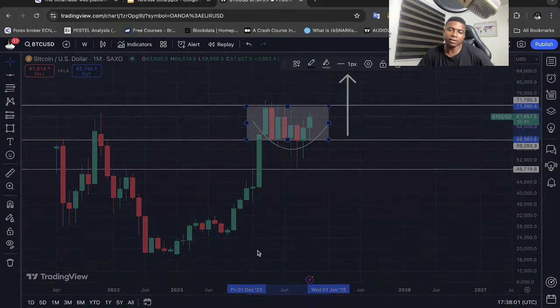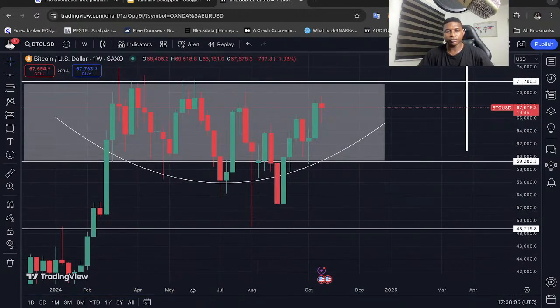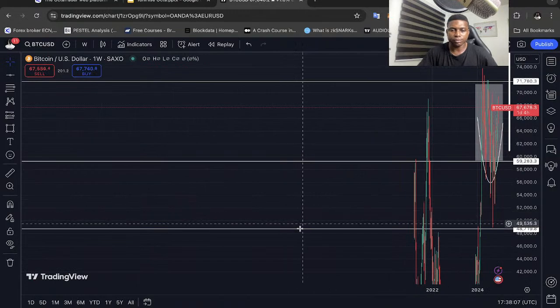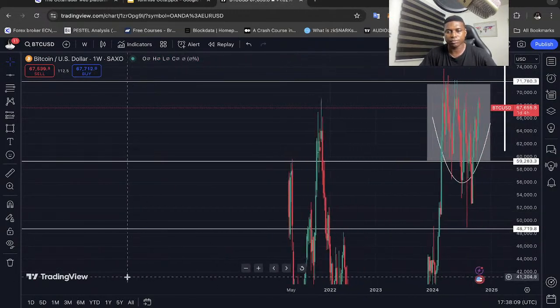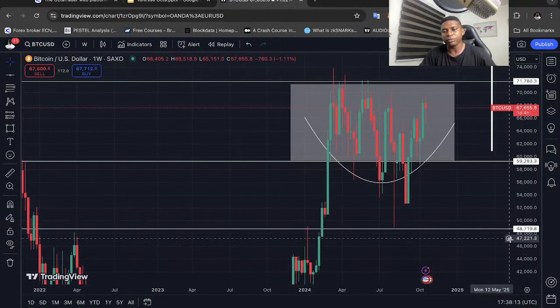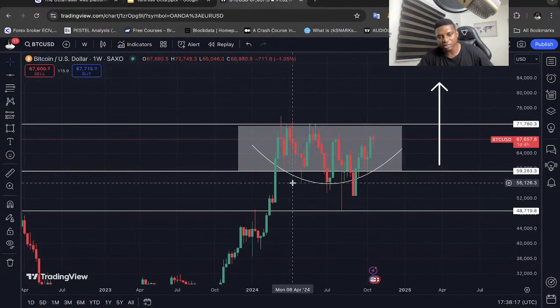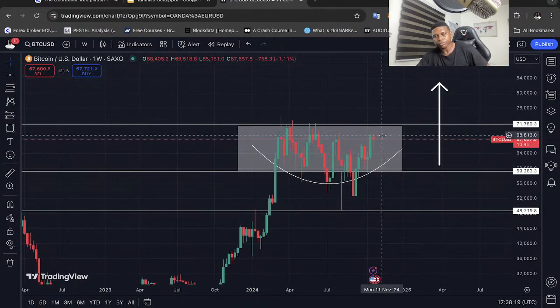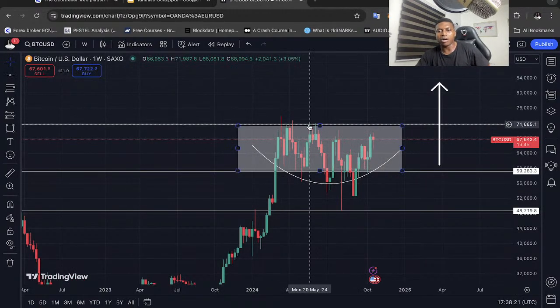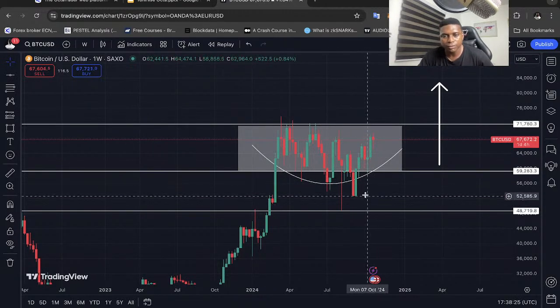So when we go to the lower time frame, let's go to the weekly time frame. Good. So when we go to the weekly time frame, we can see this very clear. Okay, and our price has been rallying on this level.